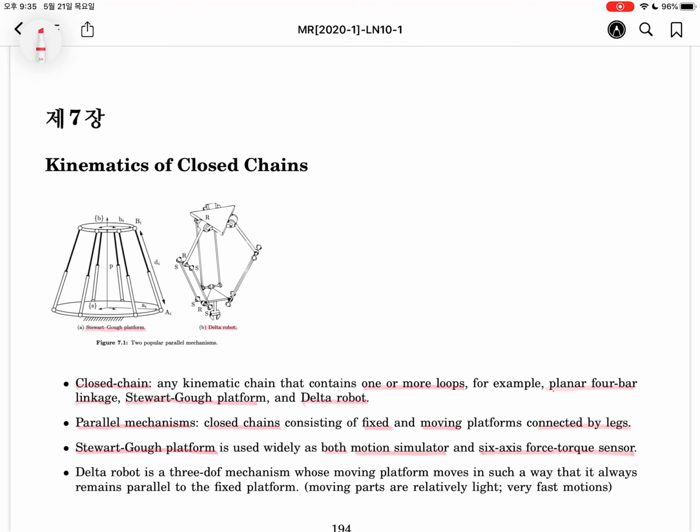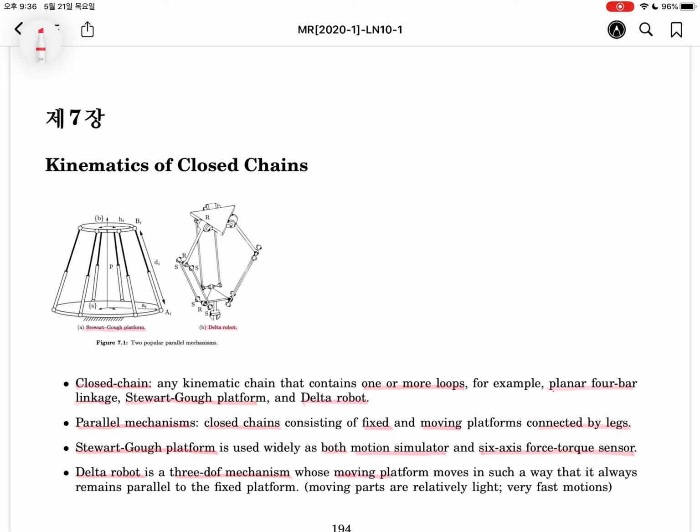So if we use the Stewart platform, at that time we should be very careful to deal with the singularity and the workspace.